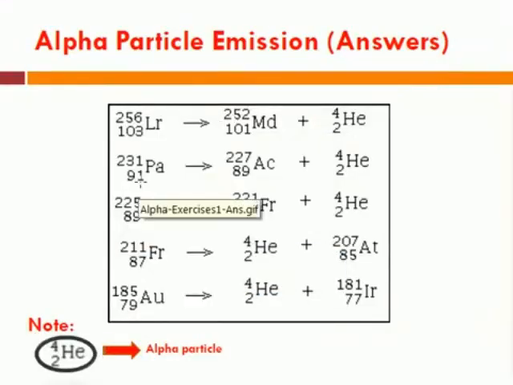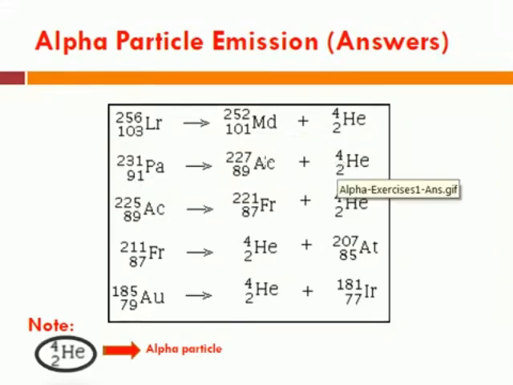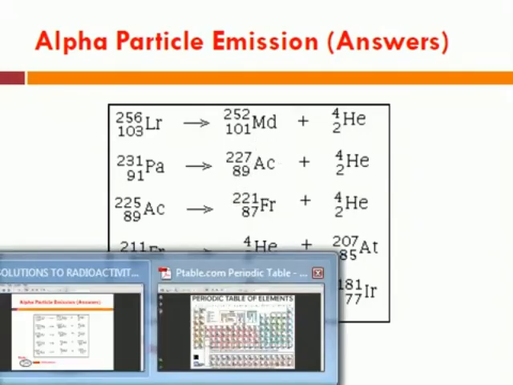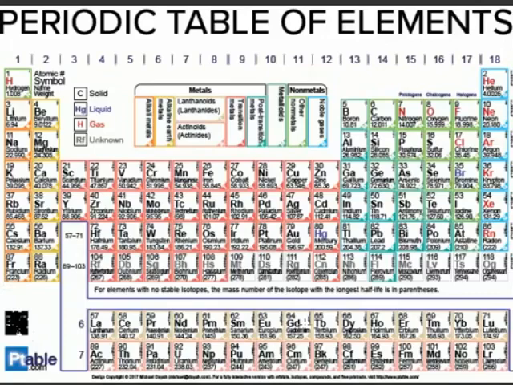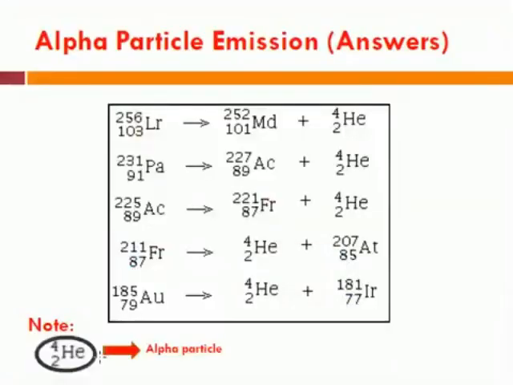For number 2, 231 minus 4 is 227. 91 minus 2, so we have 89 here. The element with atomic number of 89 is actinium. That is the answer for number 2.